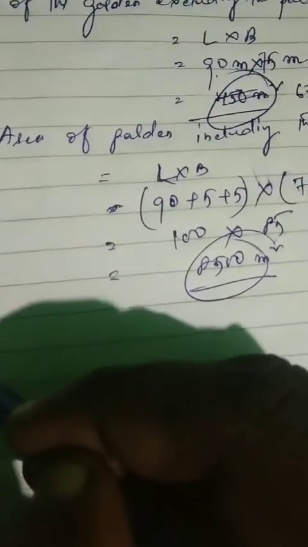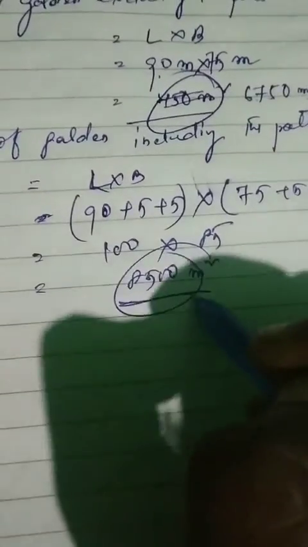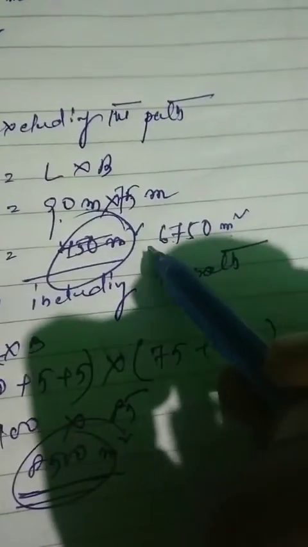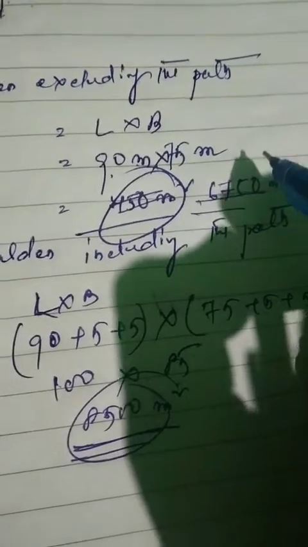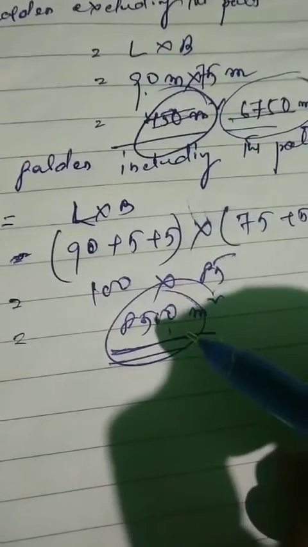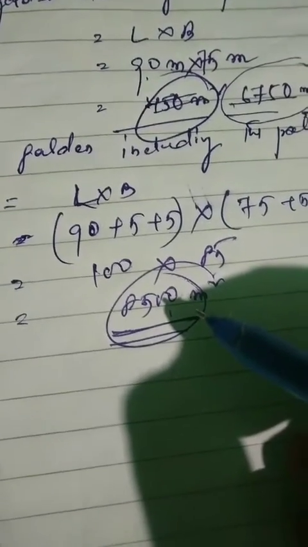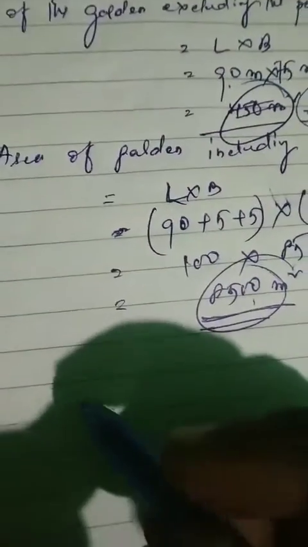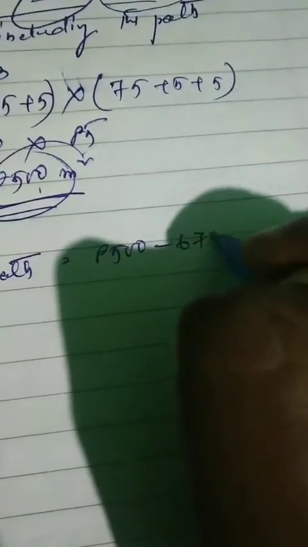So children, what is the area of the path? This is the area of the garden including the path, and this is the area of the garden excluding the path. If I subtract 6750 from 8500, I'm supposed to get the area of the path. So therefore, area of the path is equal to 8500 minus 6750.